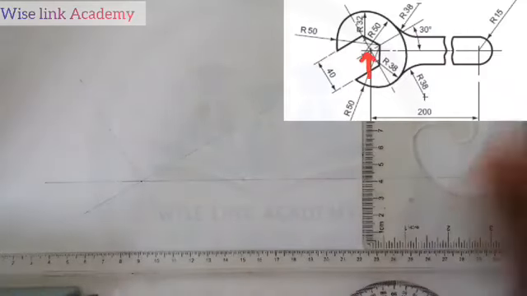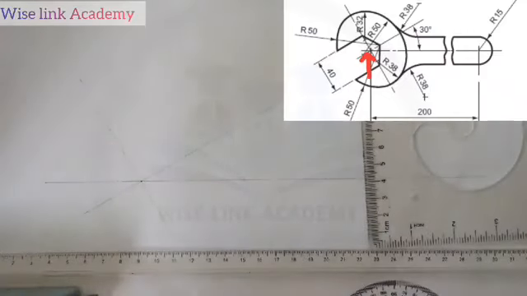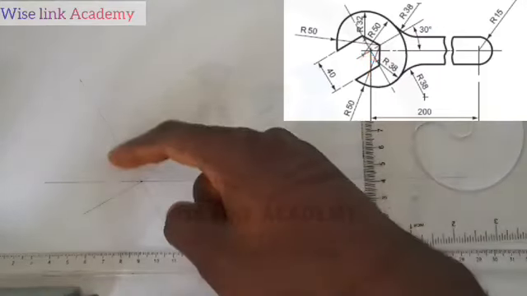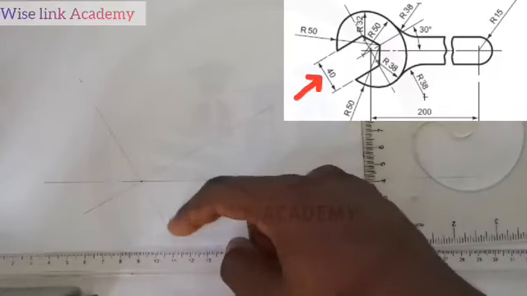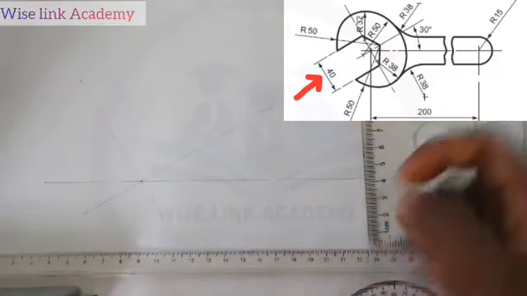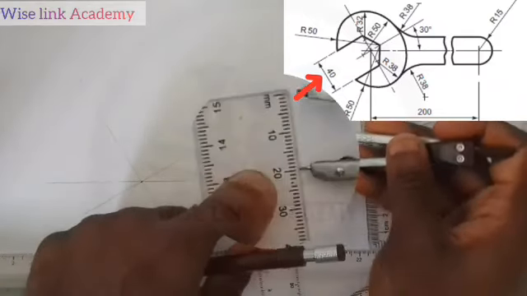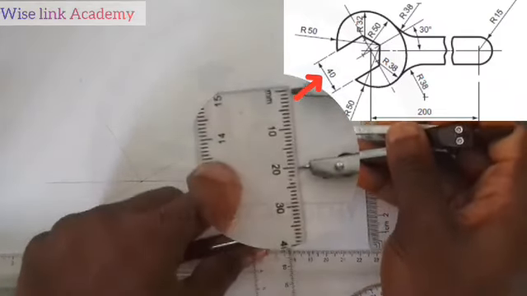Now my next task is that if you observe closely at this point, there is a distance of 40, 20 downwards, 20 upward. If I measure out 20 on my meter rule from here to here, it is given to be 20, right?